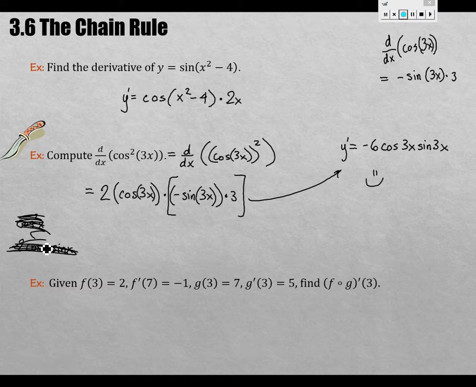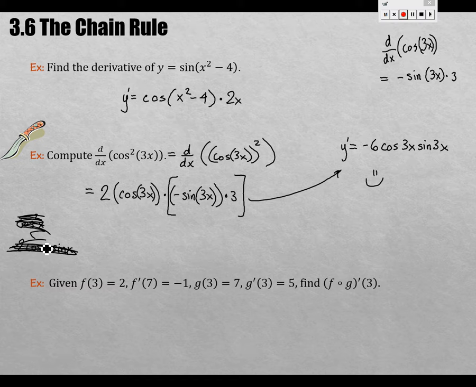What I want to hear is, what is the derivative f prime of g of x? So f prime, I get it. It's negative 1, times g prime of x.